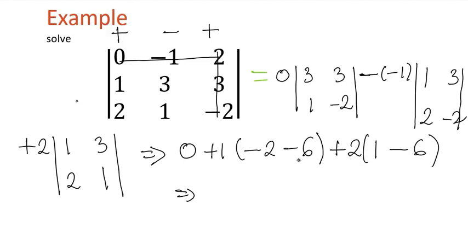Minus 2 minus 6 gives us minus 8, times 1, you have minus 8. And 1 minus 6 is minus 5. Minus 5 times 2 gives us minus 10. So the final answer is minus 18 for the determinant of this.